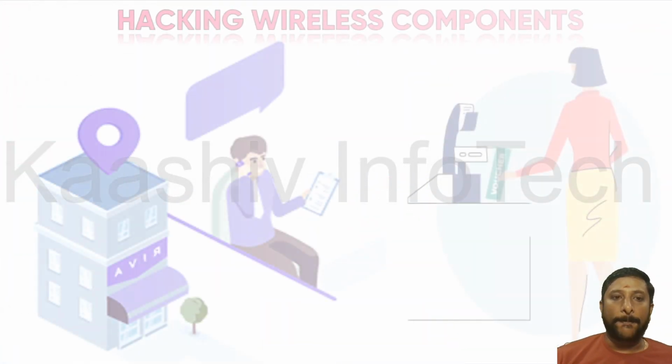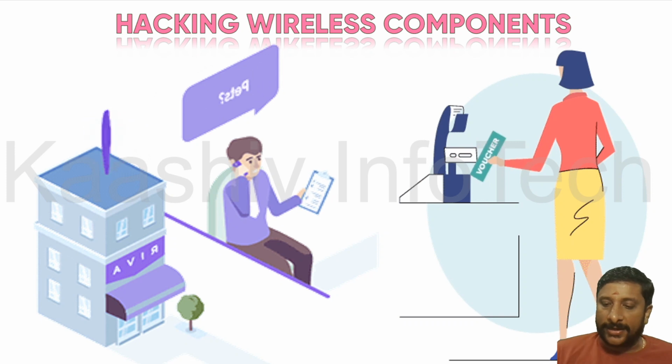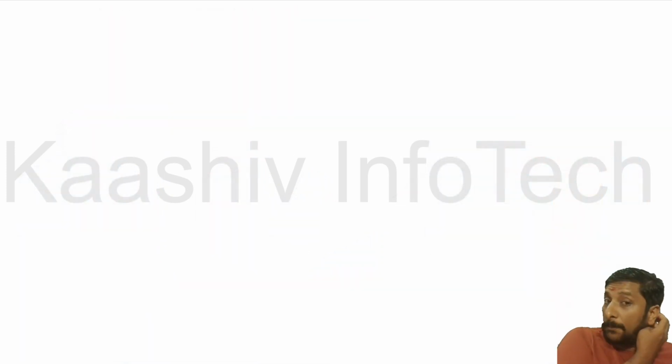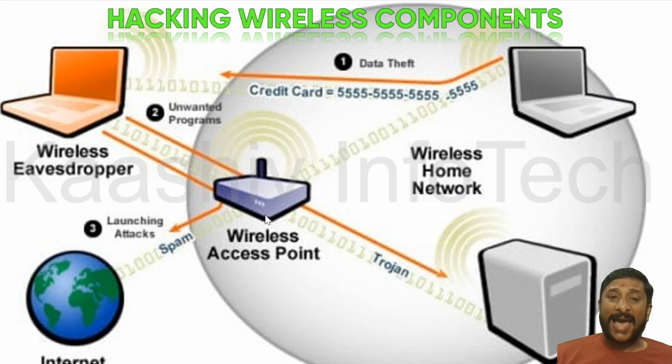Okay, don't worry. Hacking wireless components. This is the fourth area we are going to discuss now. What are the components? Actually, this is called an access point, the router or the modem.